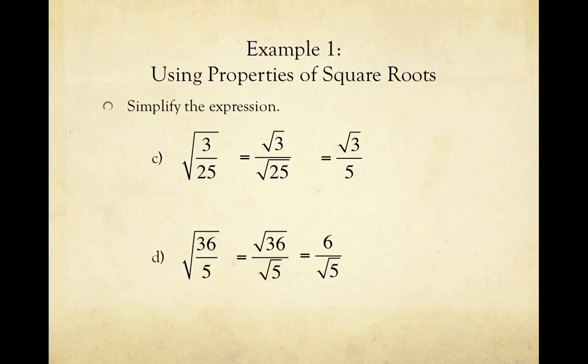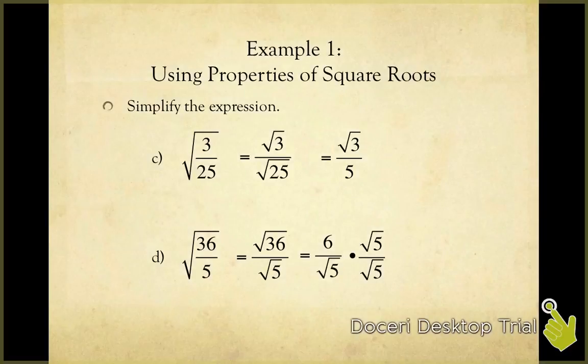And when we're talking about square roots, that's fairly easy because you can just multiply it by itself. So I'm going to take the square root of 5 and multiply it by the square root of 5. But that also means that I have to multiply the 6 by the square root of 5 as well, because this has to ultimately equal 1. I have to be taking my answer here and simply multiplying it by the equivalent of 1.